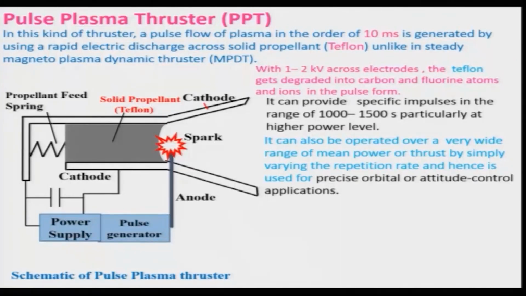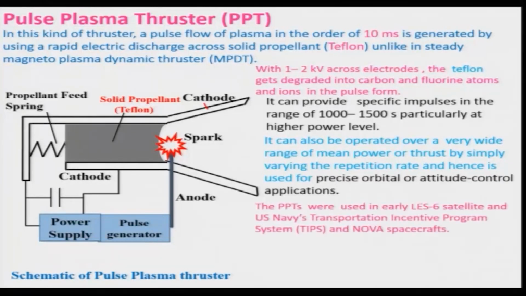drastically due to the pulse mode that is being used in this case, and hence it is used in real applications, and hence these are being used in the early LES-6 satellite, US Navy's transit improvement program systems and NOVA spacecrafts.